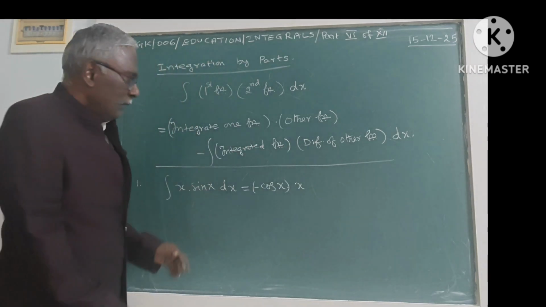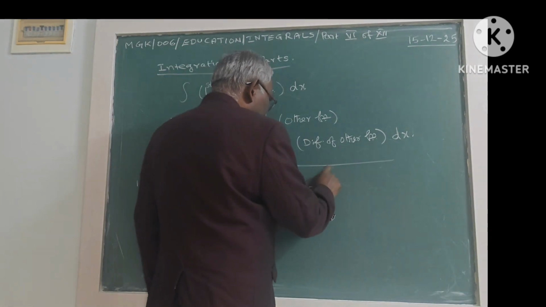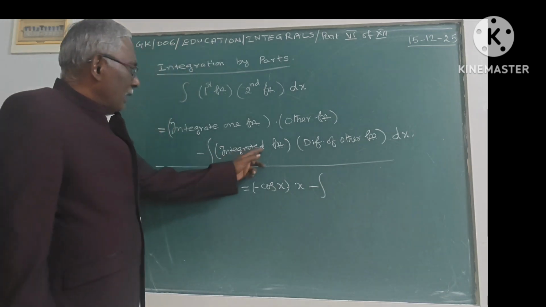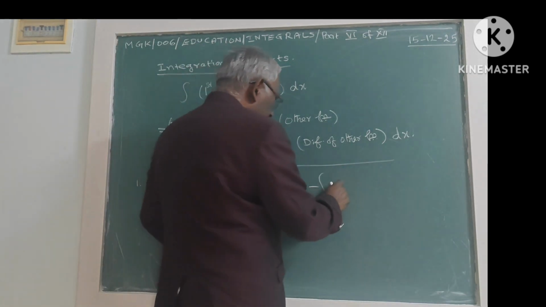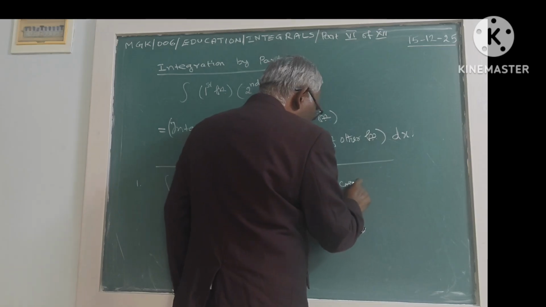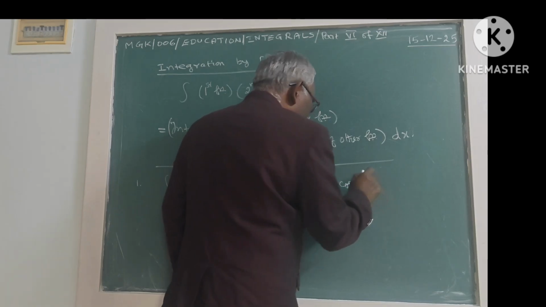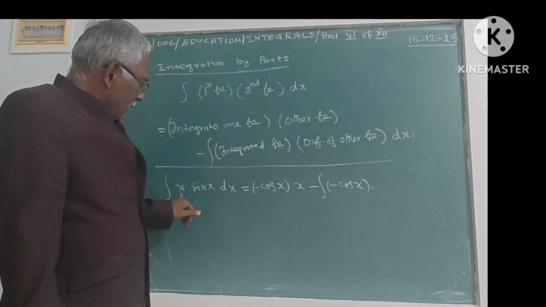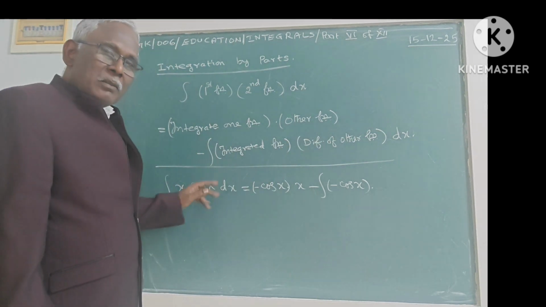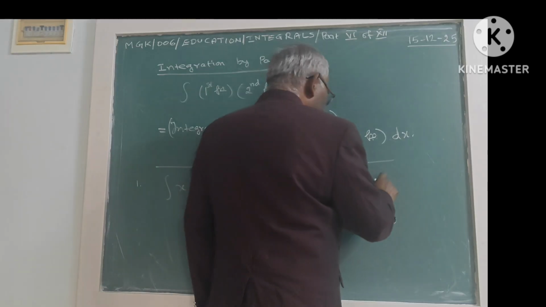Then minus integral of integrated function. What is the integral value? Minus cos x. So you have to put minus cos x here into differentiation of other function. What is other function we have taken here? x. If we differentiate x, what will come? 1. So it will be 1 dx.